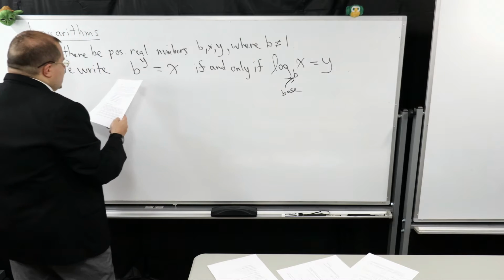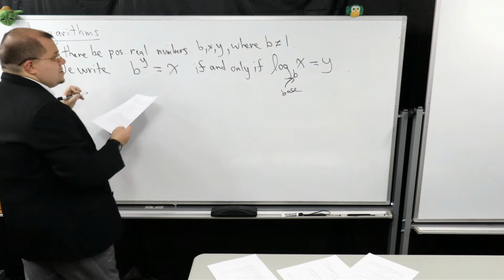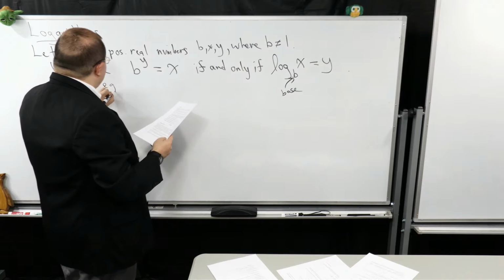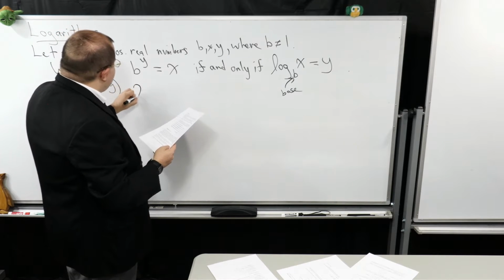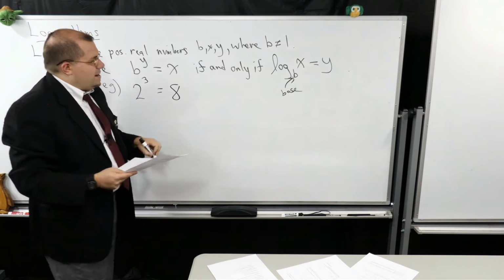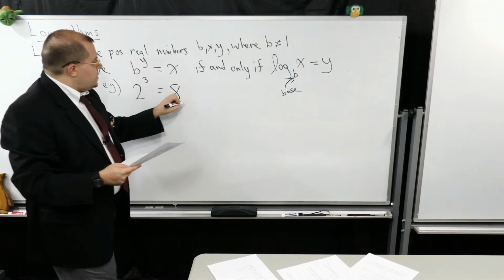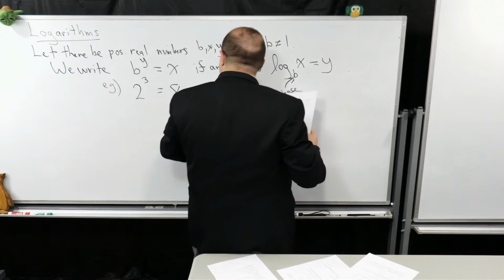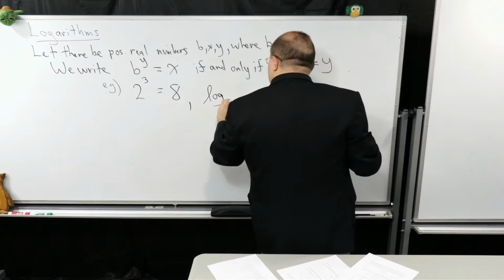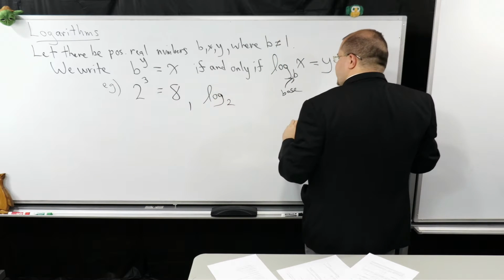Okay? So just to make sure I'm really clear what I mean by this, let me do a quick example. So imagine I give you 2 cubed. What is 2 cubed? We already established that's 8, right? What is that in the logarithm world? Well, the base of the exponent is 2, so it's log base 2.